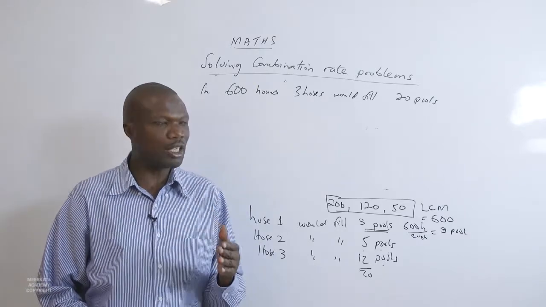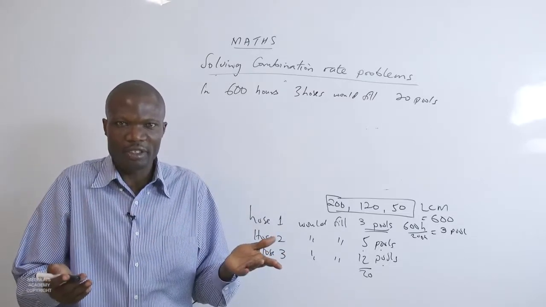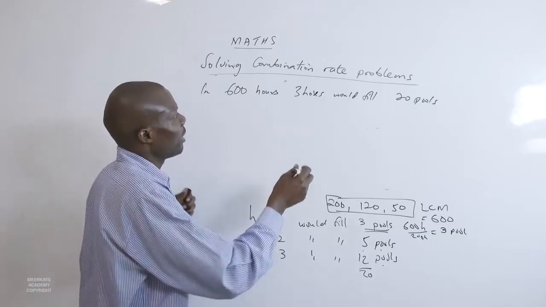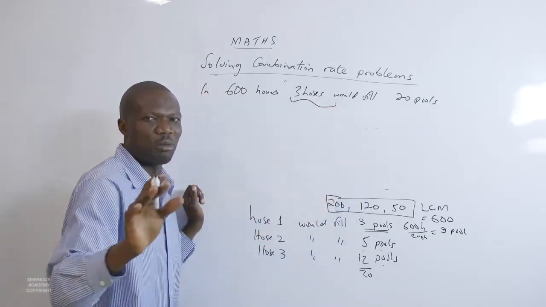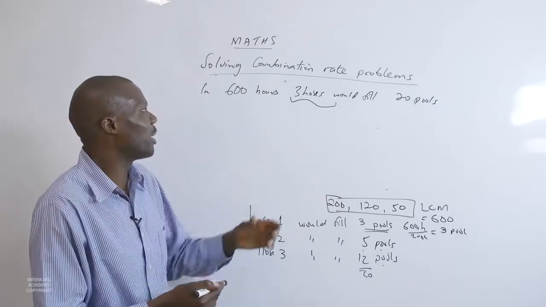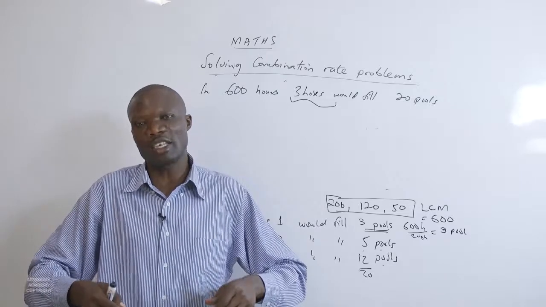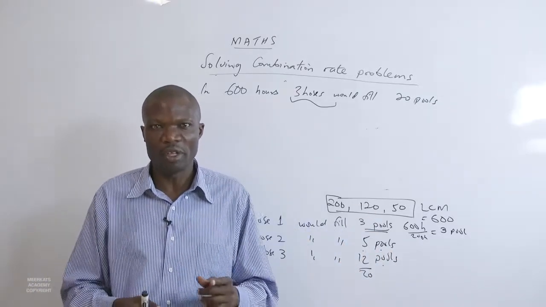So the question now is what we call the filling rate. The horses are not our point of interest here, because we already have 3 horses and the question is asking us to open all of them.